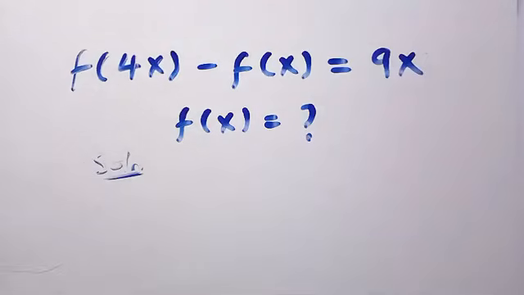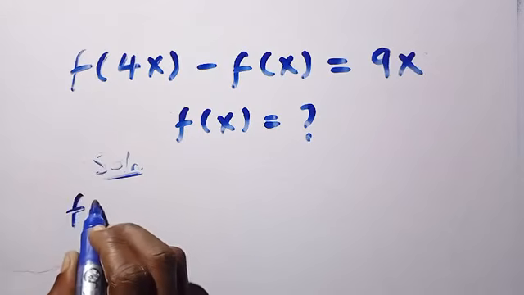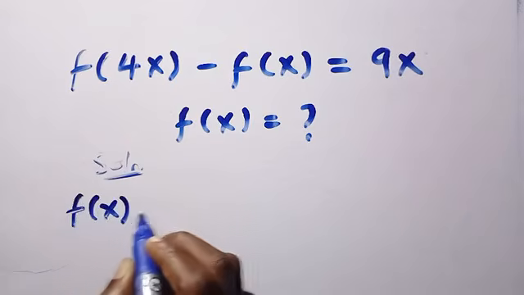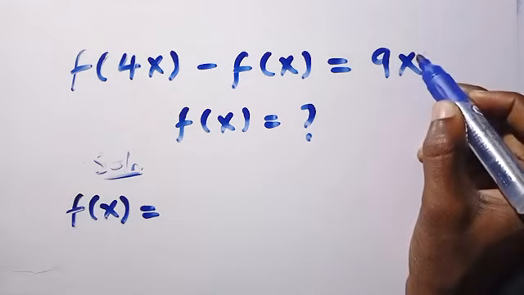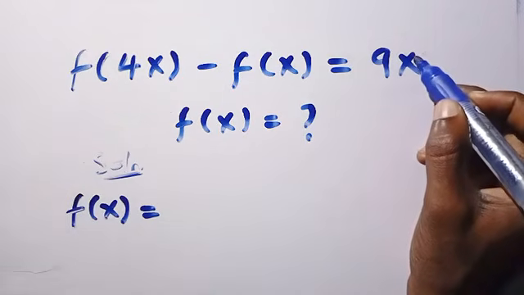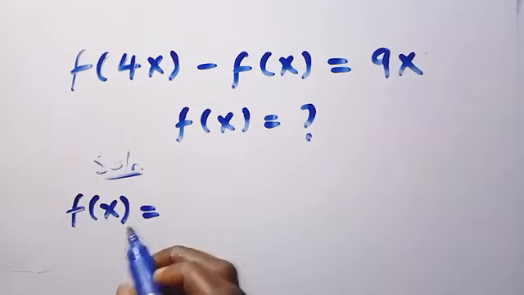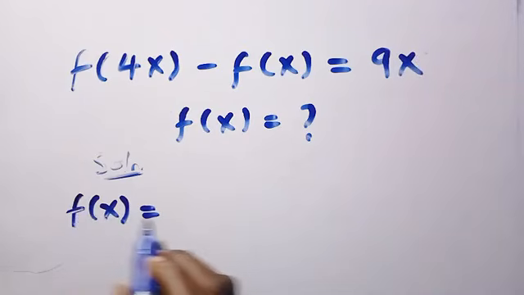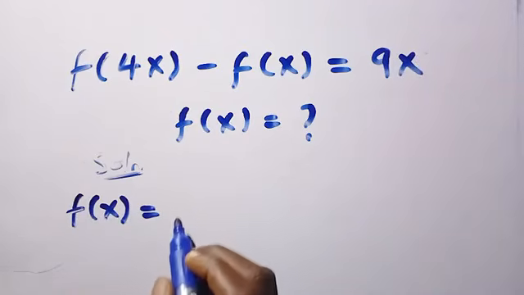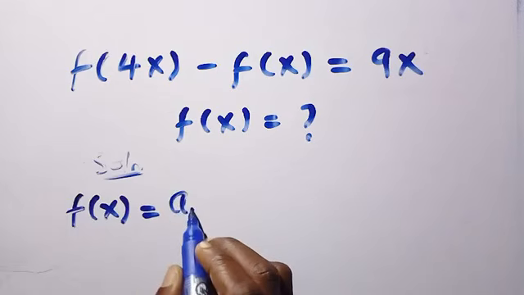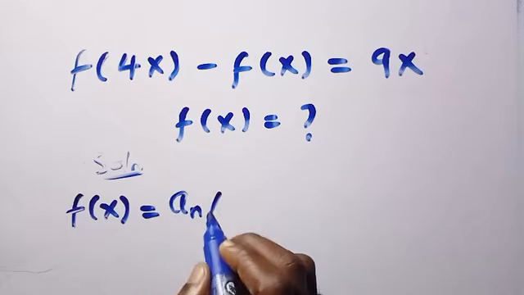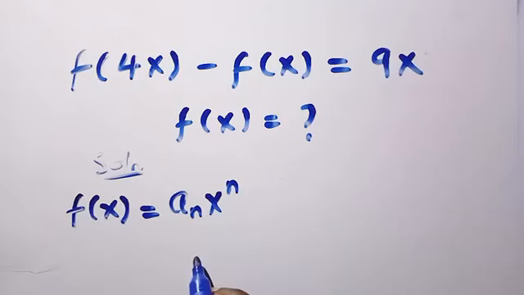Then, after knowing that, we are going to consider the general form of f of x. Suppose we are given a power higher than this, so this is still odd. Here we have f of x equals, if I choose this one as an, then x raised to the power of n.